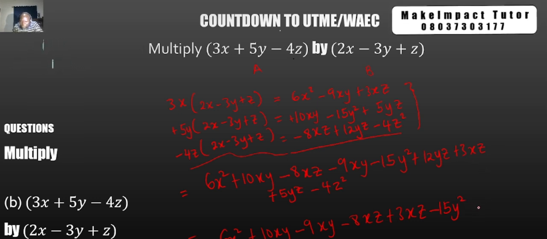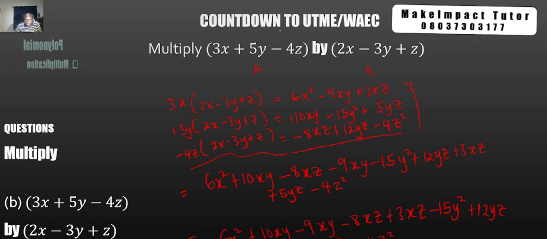So the next one is plus 12yz. Do we have another yz? Yes, we have plus 5yz. And lastly, we have minus 4z squared. So let's go ahead and finalize the addition of common terms.